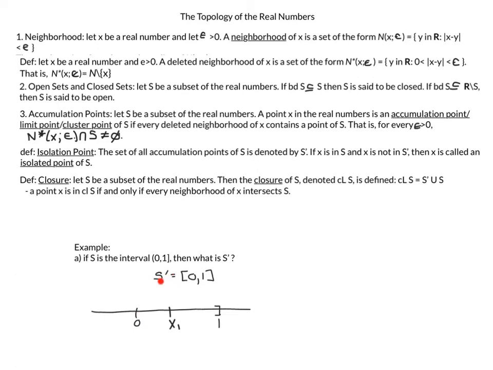So the S prime then would pick up this 0, and it sort of closes our set, so that our S prime, our set of accumulation points, along with S, will now give us a closed interval. And we can see that the point x is in the closure if and only if every neighborhood of x intersects S. And that's true at the endpoints as well.